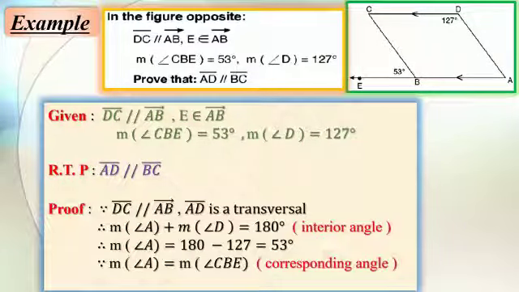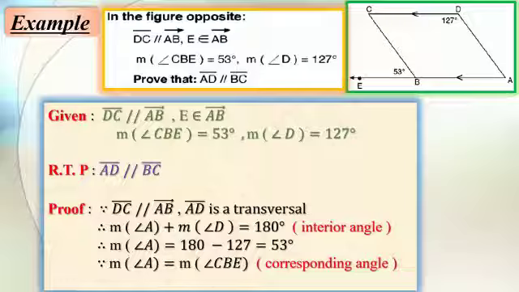Okay, and our proof here, since DC is parallel with AB and AD is a transversal, then the measure of angle A plus the measure of angle D equals 180 as interior angles.